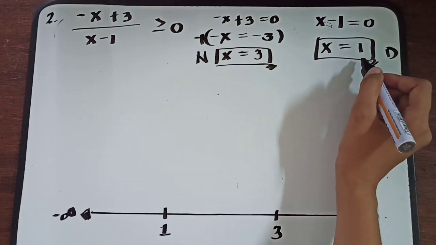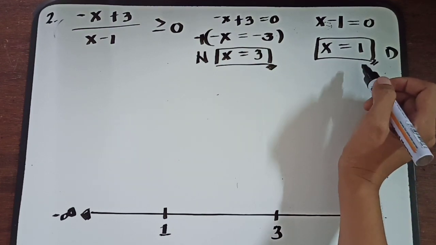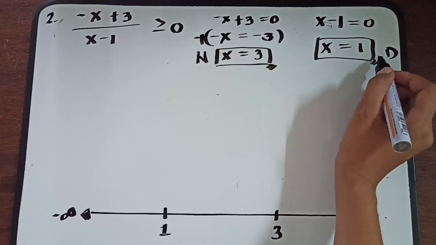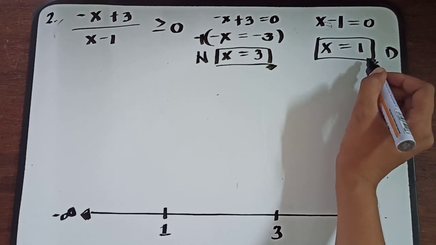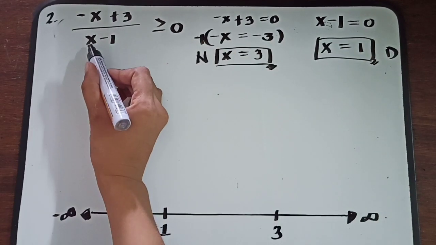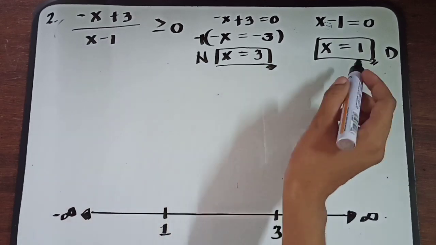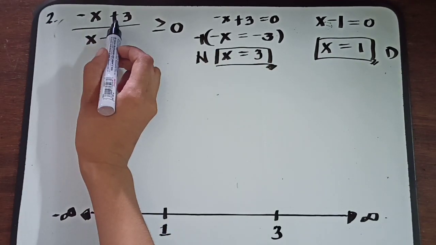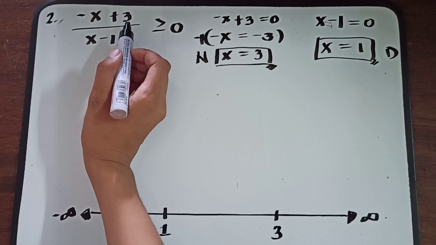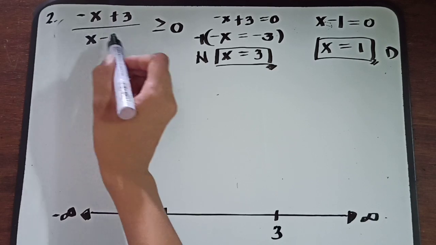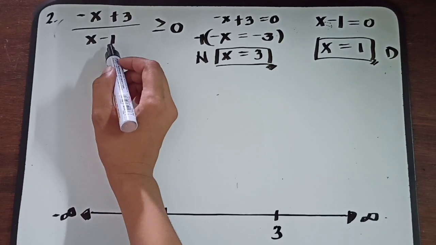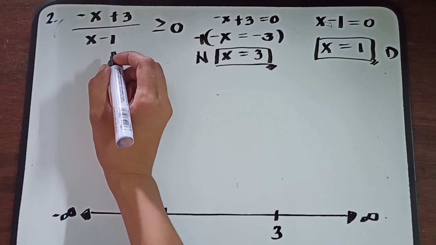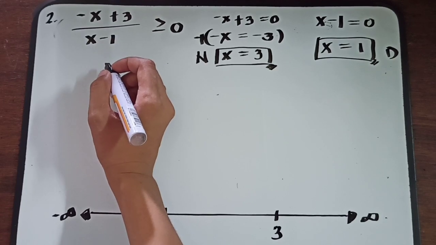Check natin yung x is equal to 1. Okay? X is equal to 1. Paano kung ang value ni x is 1? Substitute. So, negative 1 plus 3 is equal to positive 2 over 1 minus 1 is 0. So, positive 2 over 0 is undefined.